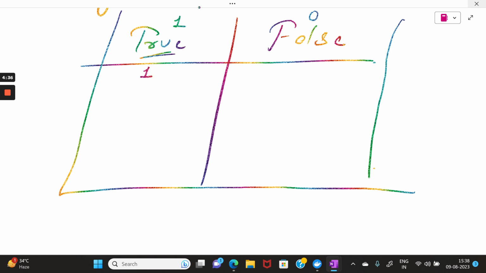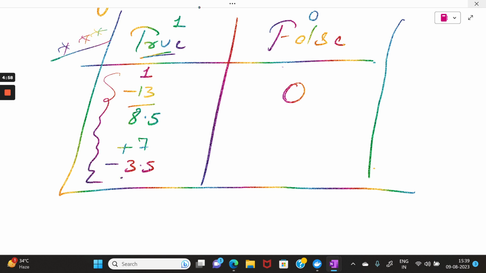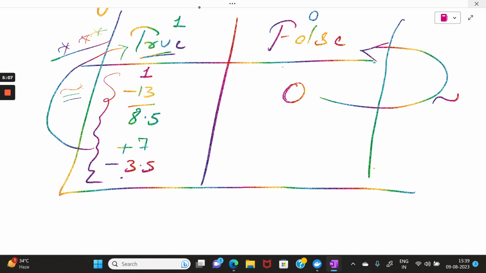Like 1 is true, similarly minus 13 is also true, 8.5 is also true, plus 7 is also true, minus 3.5 is also true. But for false, if the expression computes to 0, it is false. This is an important thing to remember. All the non-zero values evaluate to true, are equivalent to true, and zero is equivalent to false.